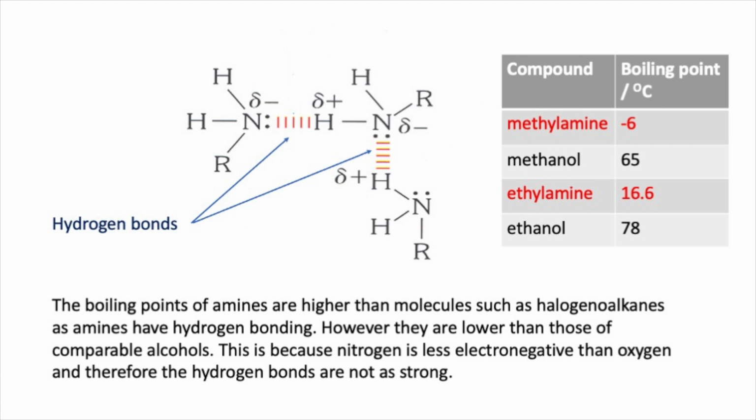And that means, as you can see from this table, that the amines have boiling points quite a bit lower than the corresponding alcohols. So for example, methylamine has a boiling point of -6 degrees C, methanol has a boiling point of 65 degrees C, ethylamine 16.6, ethanol 78.